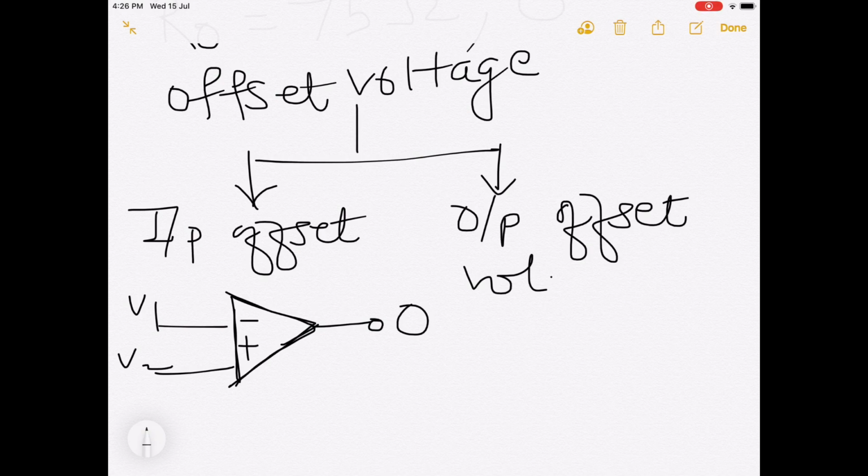Because of that, there is some voltage present at the output side. That voltage is nothing but the output offset voltage.